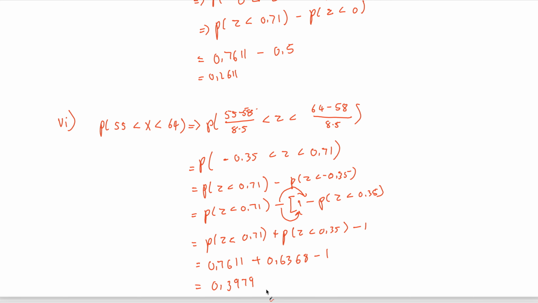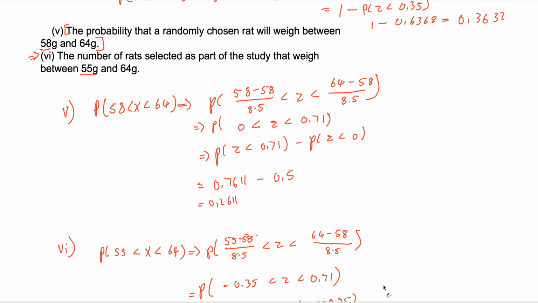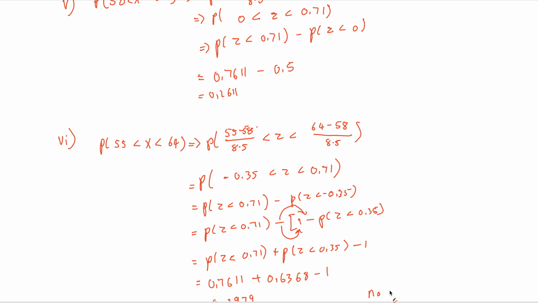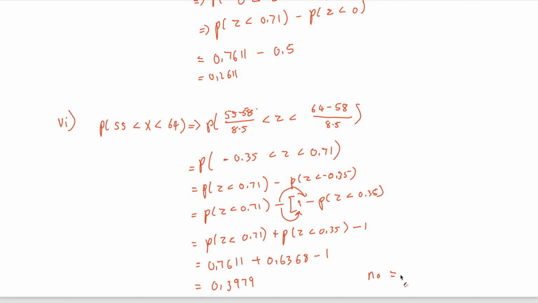So now, are you done answering the question? No. You're looking for the number. So remember, the number of rats selected per study was given by N times P of X, which is what we found here. So this will be 200 times 0.3979.